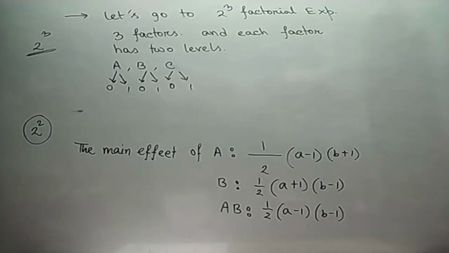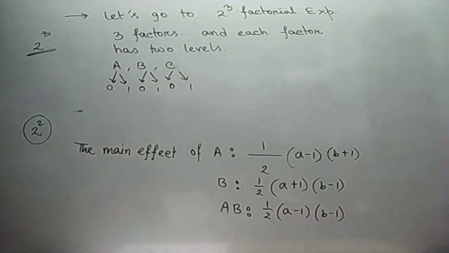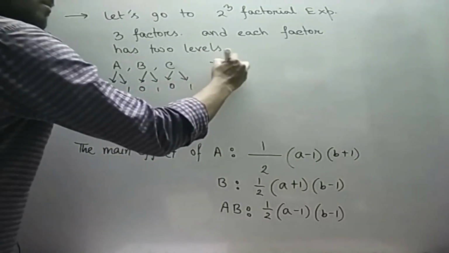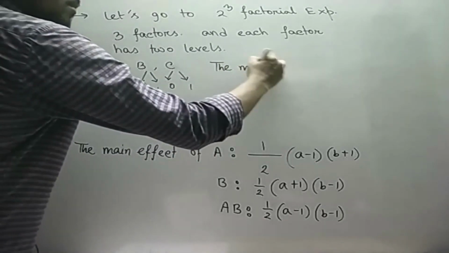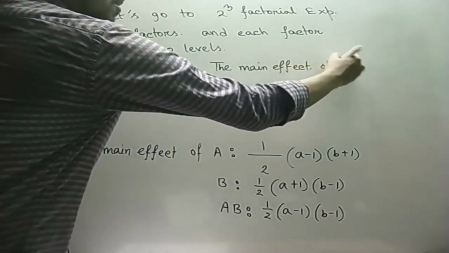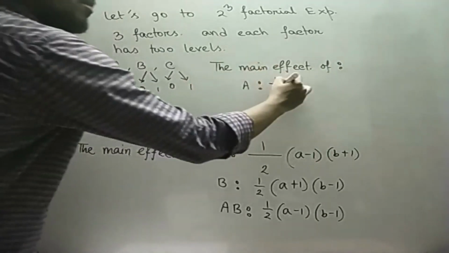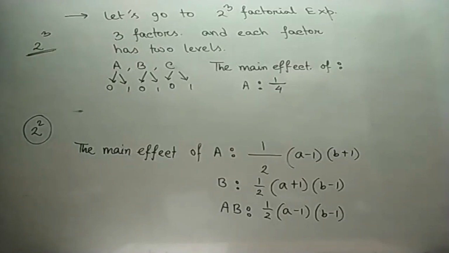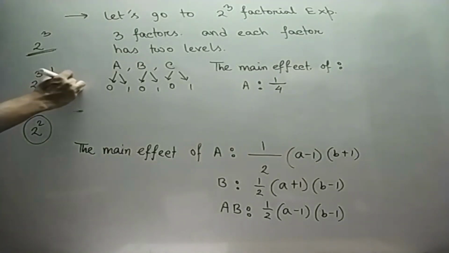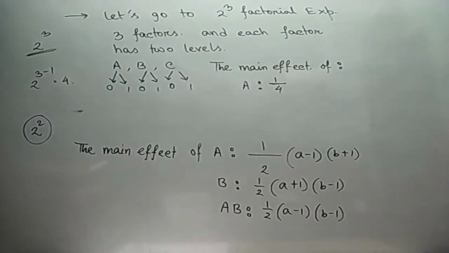Now if we want to calculate the main effects of A, B, then C and then ABC, then the main effect of A will be 1 by 4, as we have 2 cube, so 2 cube minus 1 will be 4. So we have to take 1 by 4.